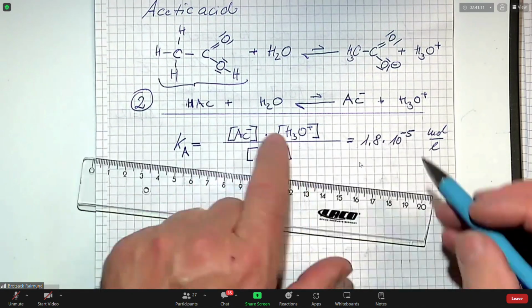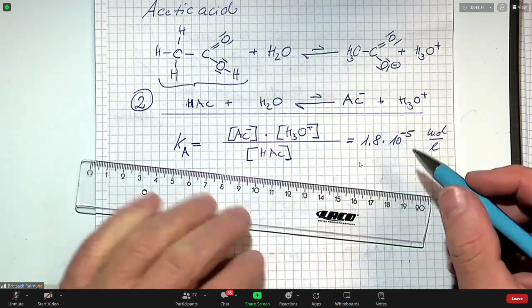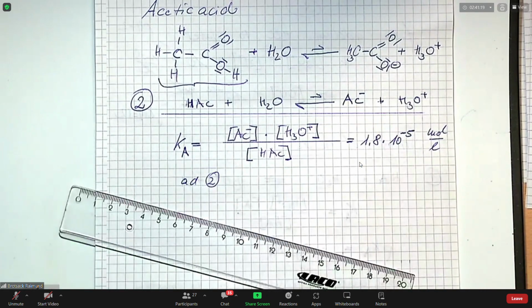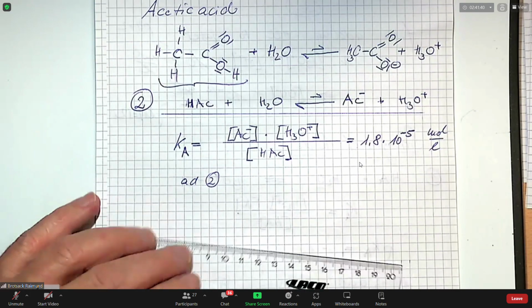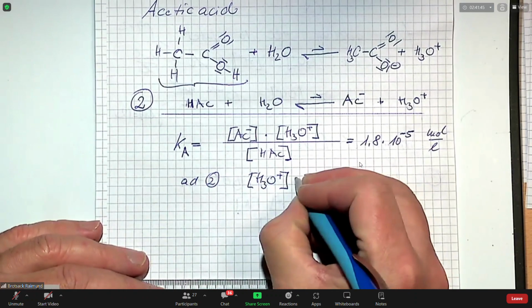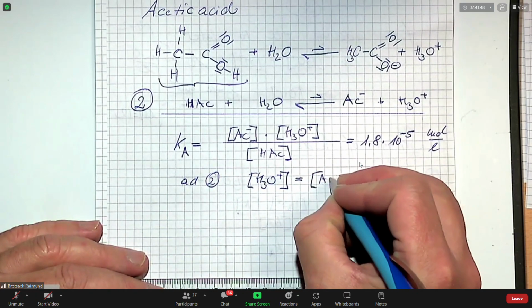When we now look to this equation, what does it mean? When it is spending a proton, we have a 1-to-1 ratio of Ac minus and H3O plus. So we can simplify and say, in this case, the H3O plus concentration is the same as the Ac minus concentration.